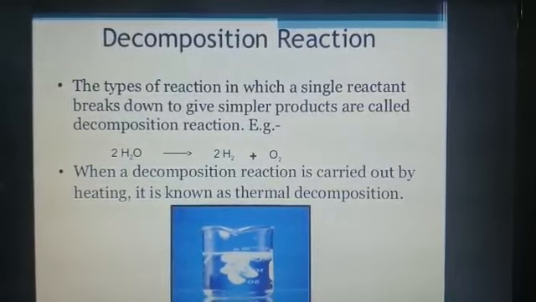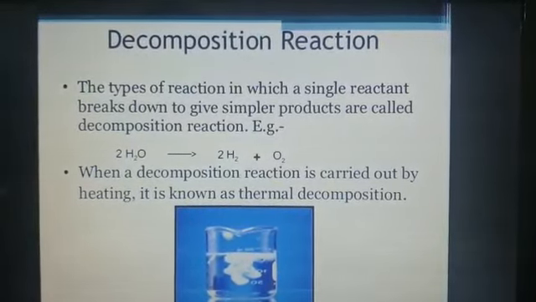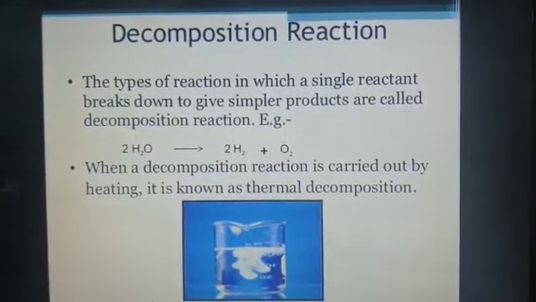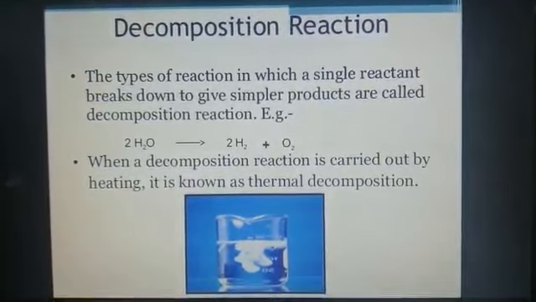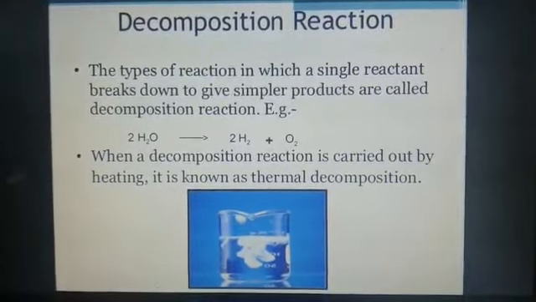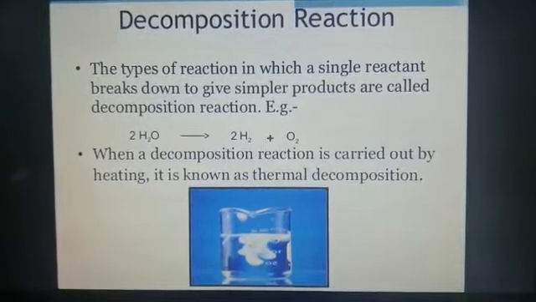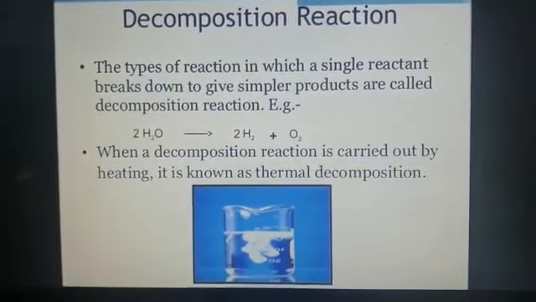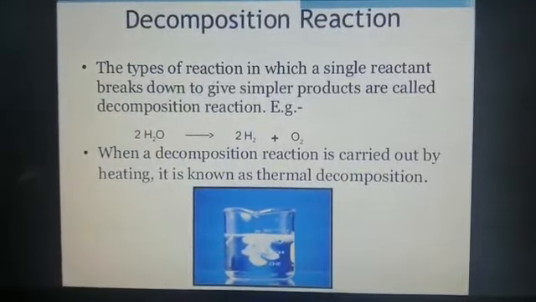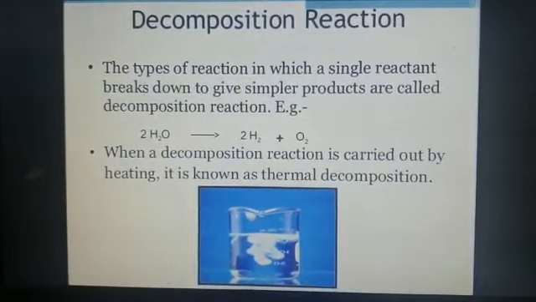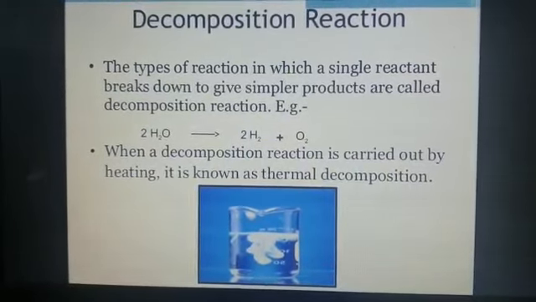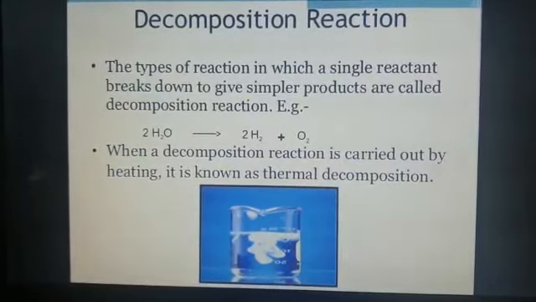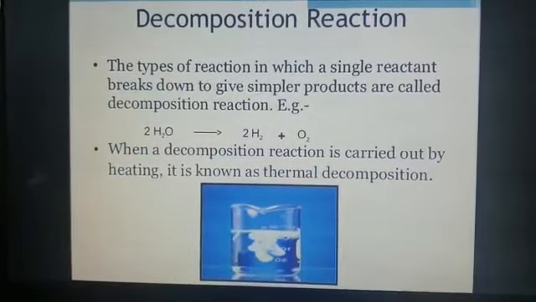These types of reactions are called decomposition reactions. One of the simplest examples: water is produced by the reaction between hydrogen gas and oxygen gas, so water on decomposition gives us hydrogen plus oxygen gas.